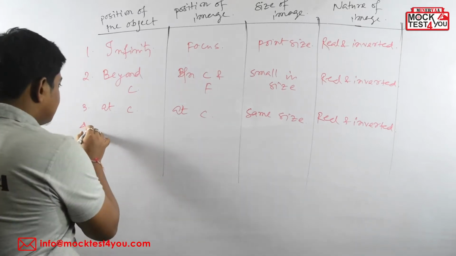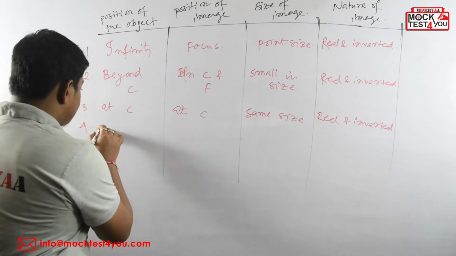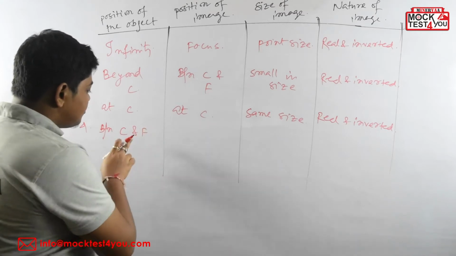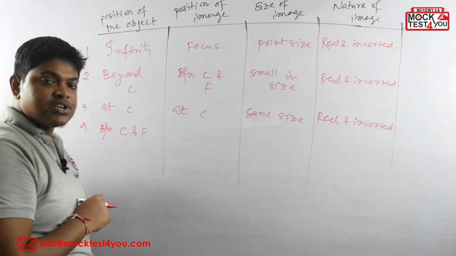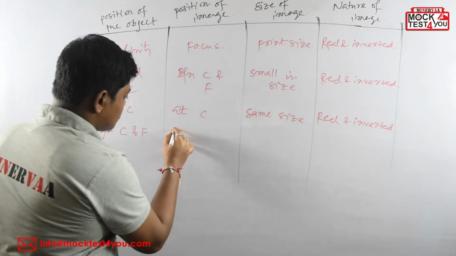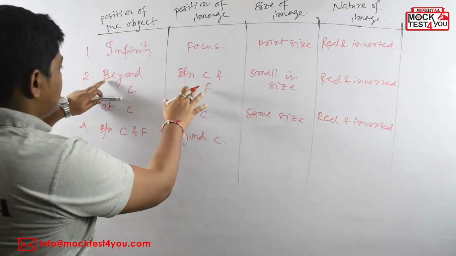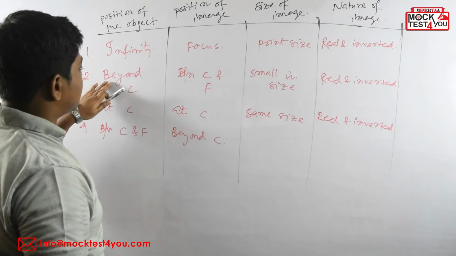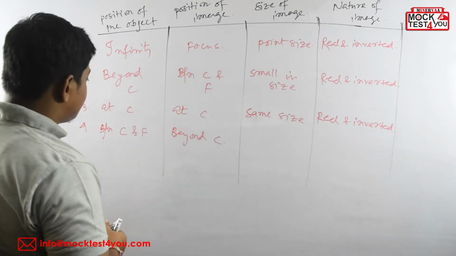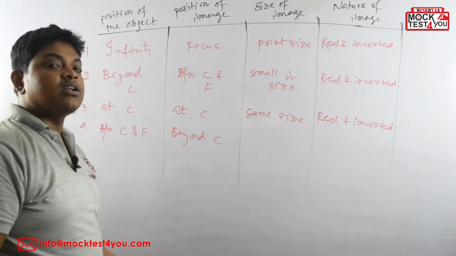Now after that center of curvature, you have to place the object between center of curvature and focus. If you place the object between the center of curvature and focus, you obviously get the image beyond C. That means these two are just reverse. If you place the object beyond C, you get the image between center of curvature and focus, and if you place the object in between center of curvature and focus, you get the image beyond the center of curvature.